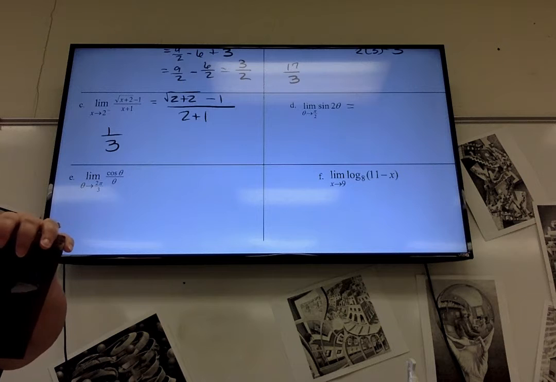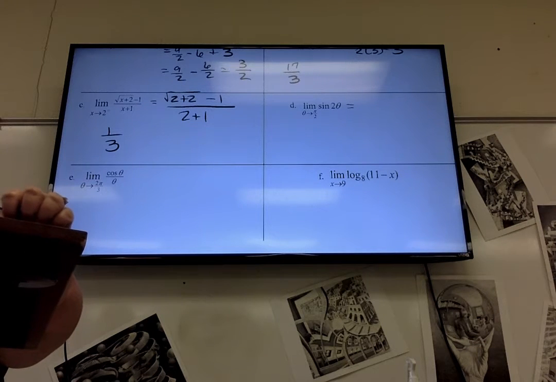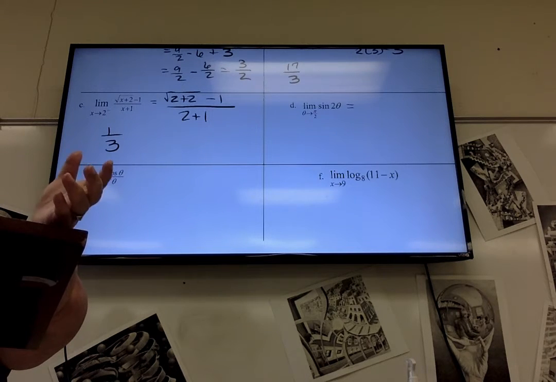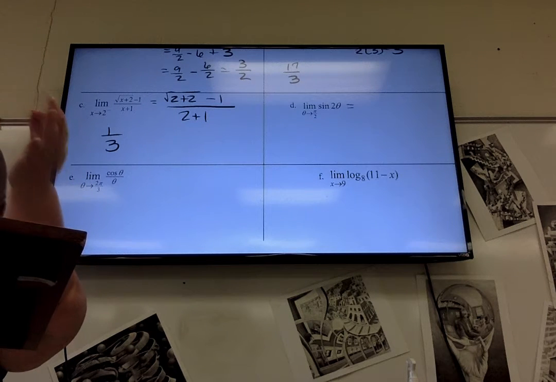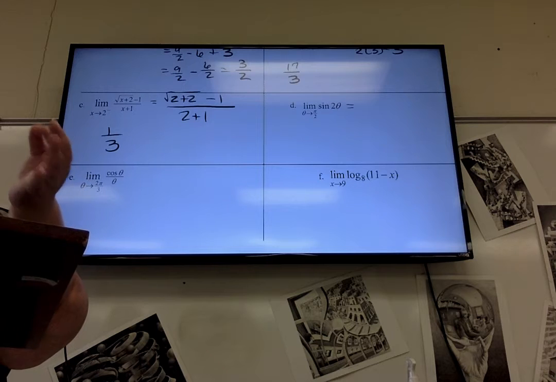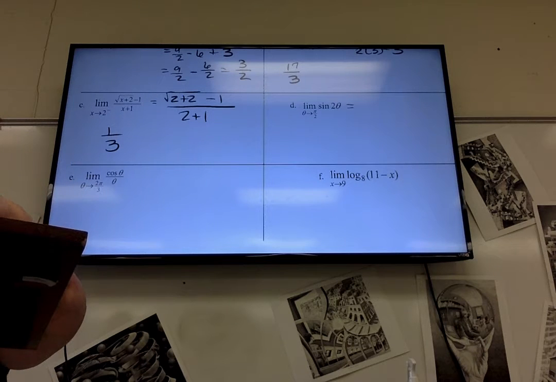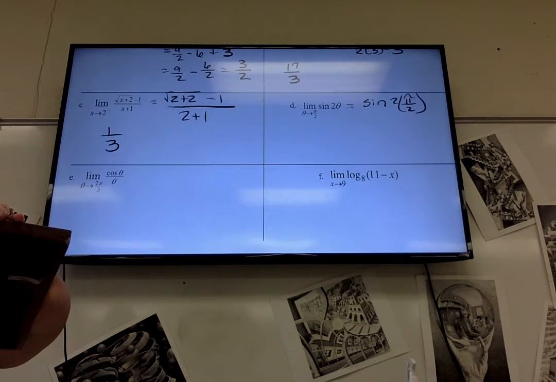And in calculus, it's always going to be radians because degrees are not real numbers, and everything in calculus has to do with real numbers. No complex numbers, but also no degrees. So this is the sine of 2 times pi over 2. I'm just plugging that in, so it's the sine of pi.